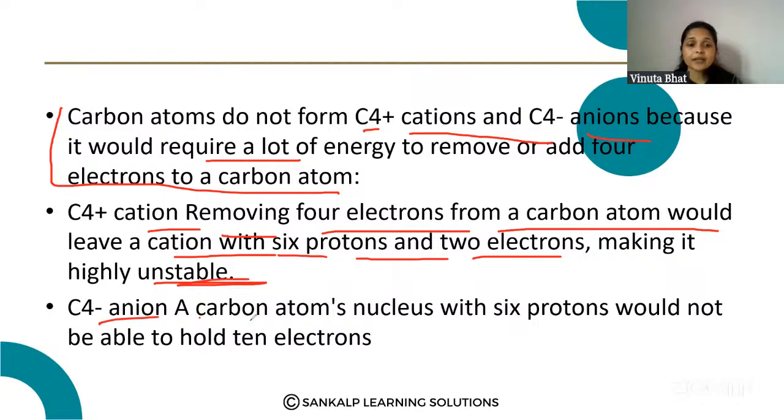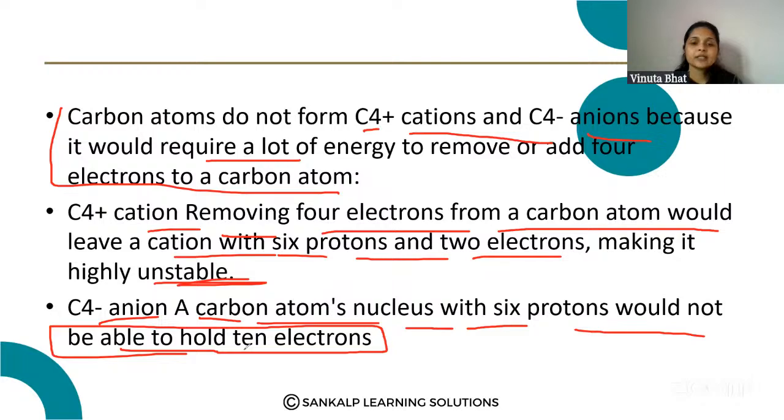And for the C4- anion, a carbon nucleus with 6 protons would not be able to hold 10 electrons. So that is the reason. Please note down this answer. Very important question, repeatedly asked in different question papers.